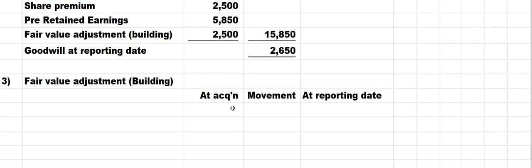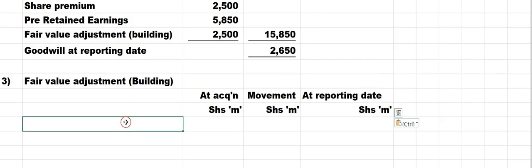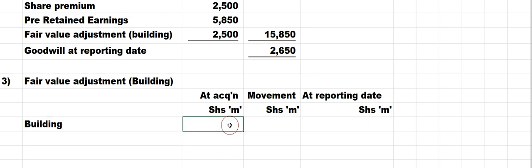These amounts are in shillings, millions. So we have our buildings. If you have some other items, then you can list them. But this is the building. At acquisition, the value is 2.5, but then we have to get its movement, that is the depreciation.